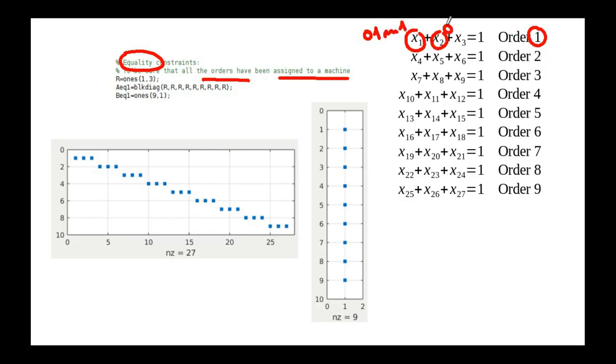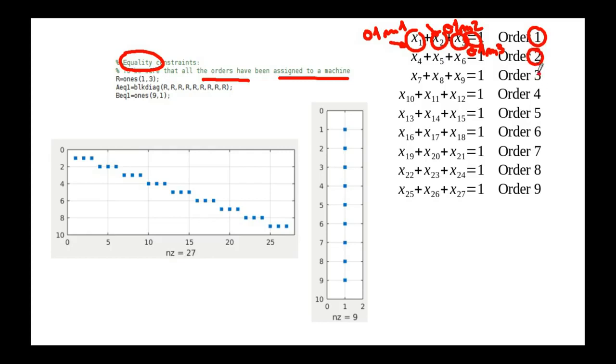This is order number 1 in machine number 2. And this is order number 1 in machine number 3. So one out of these three possibilities must be equal to 1. This way, order number 1 will be assigned maybe to machine 1, maybe to machine 2, or maybe to machine 3. But it will be assigned for sure.